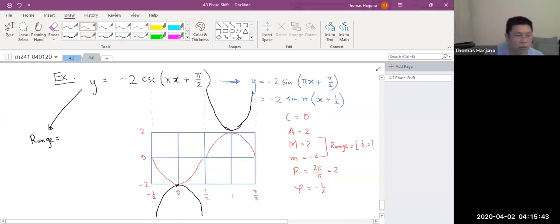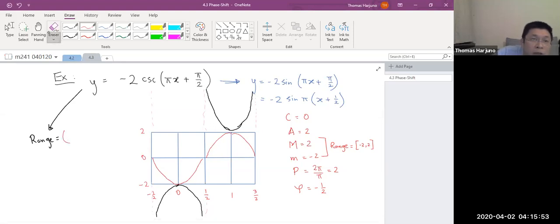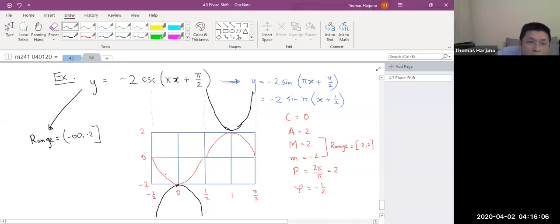Now the range of the cosecant version will be everything outside of that earlier range. That will be from negative infinity up to negative 2. And in fact, we know that it hits negative 2 here.